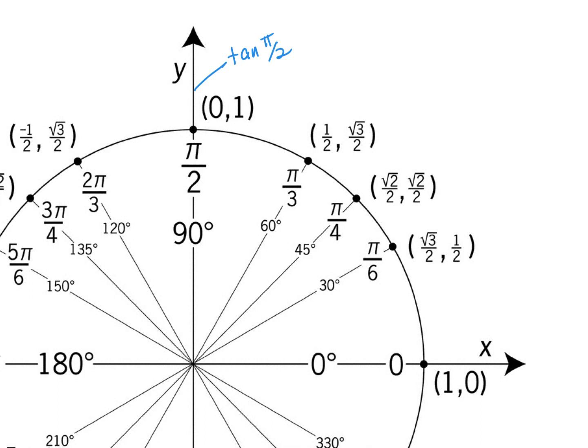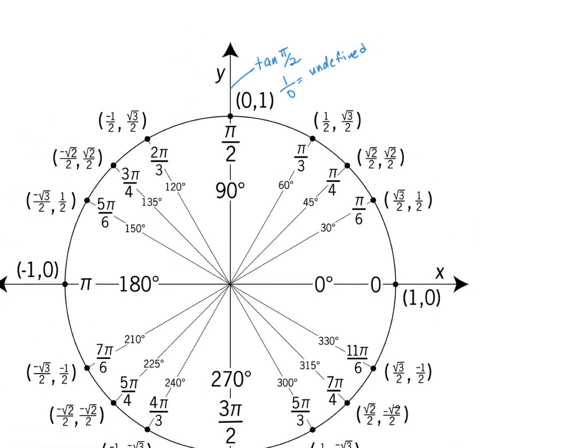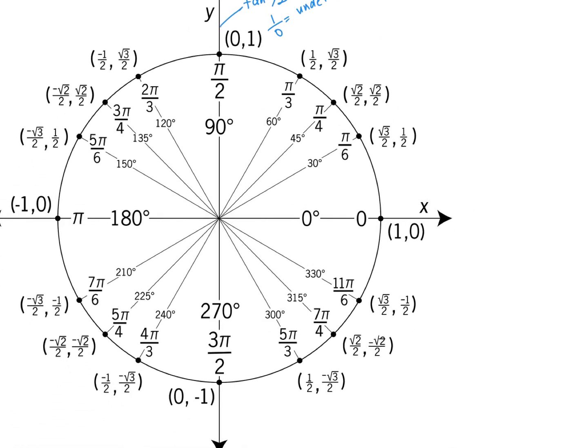Take the y value and put it over the x. What's the tangent? Undefined. So if it's undefined at pi over 2, what is it at 3 pi over 2? Undefined. Same thing.